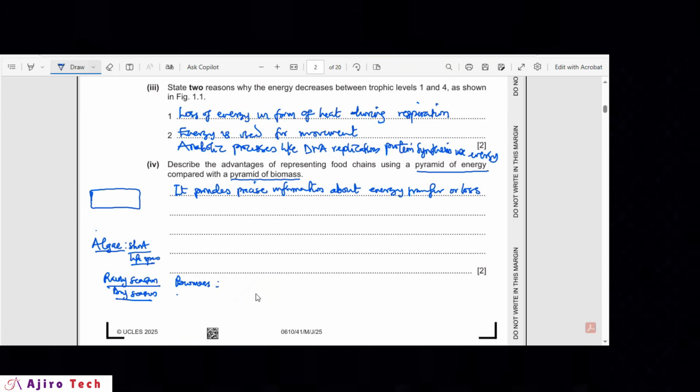So when you use the pyramid of biomass, it is able to show us how large, which is a function of the rate of reproduction. So they are able to reproduce more in rainy season than in dry season.